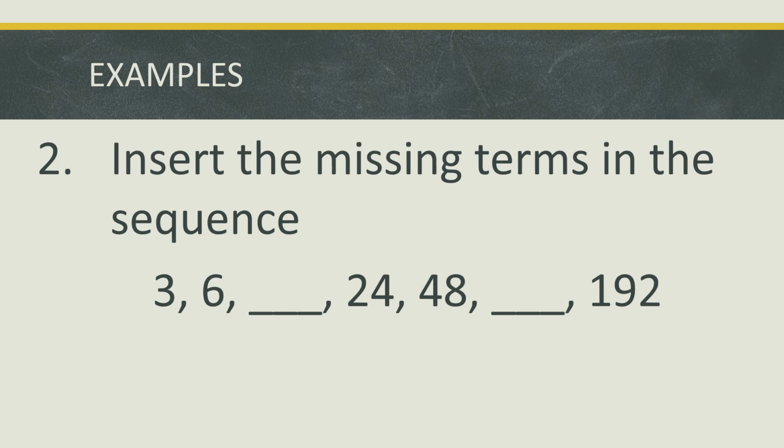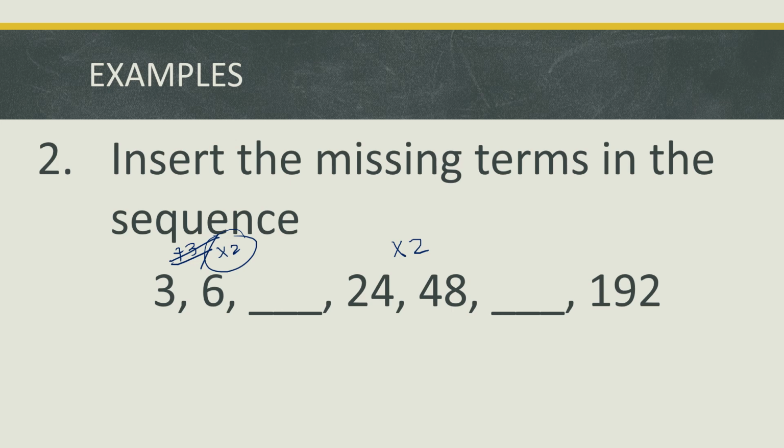So possibly, it can be adding 3, or it can be multiplying by 2. To check the pattern, check the other terms. 24 became 48, so basically it is multiplying by 2. Therefore, the pattern that we will use is multiplying by 2.